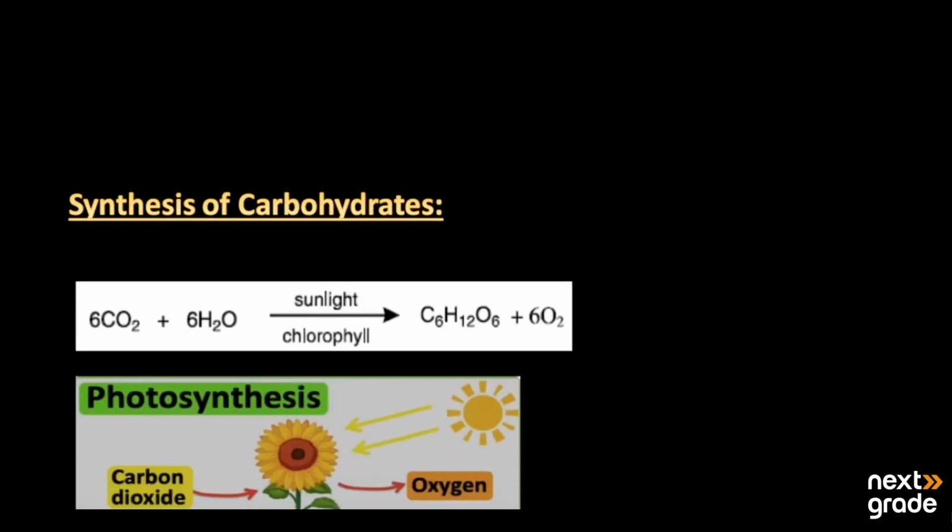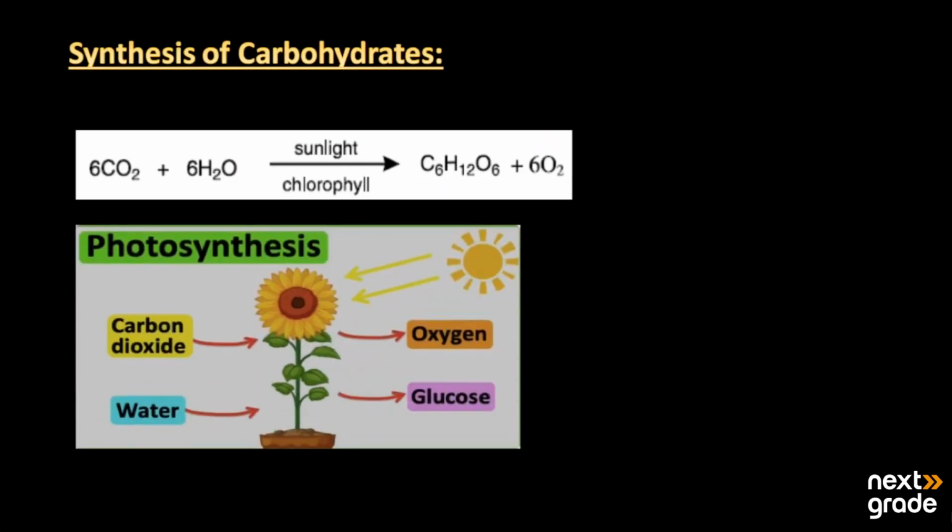After that, we have the synthesis of the carbohydrate, that is, how we can synthesize the carbohydrates. Carbohydrates are synthesized by the plants through a process that is mainly known as photosynthesis. Now, what happens in photosynthesis? Here, the plants use carbon dioxide and water.